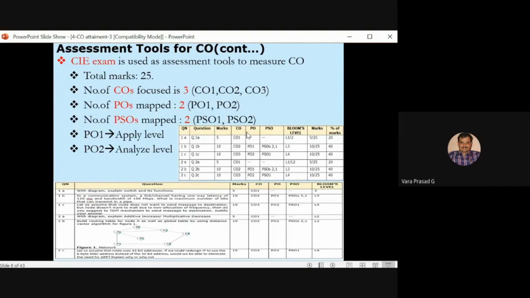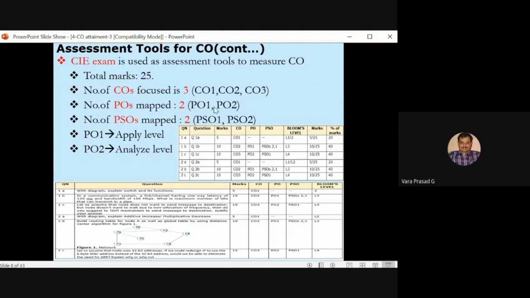I want to say one more thing here. This is the question paper pattern I will follow during my exam. This question paper pattern is fixed by my institution, and everyone has to follow this pattern. What is the total marks here? There is an A or B question, 25 marks, 25 marks.